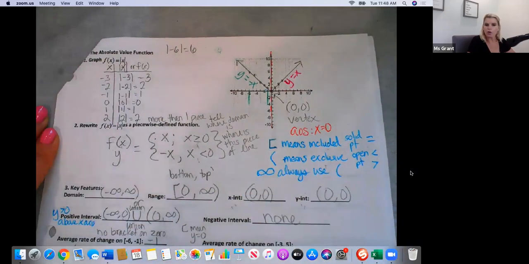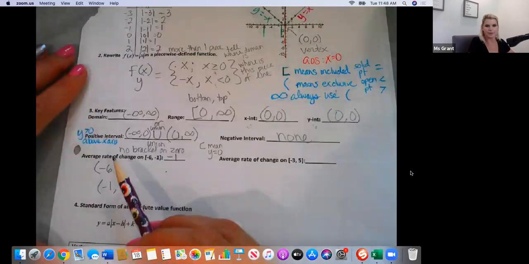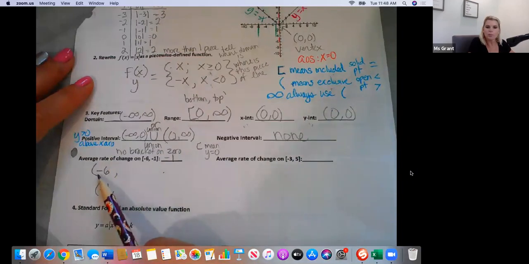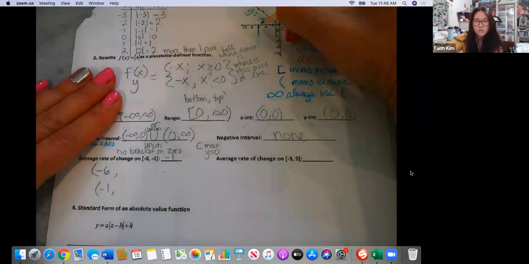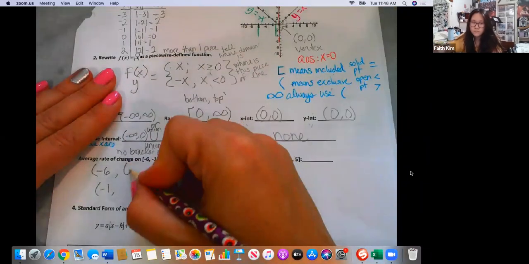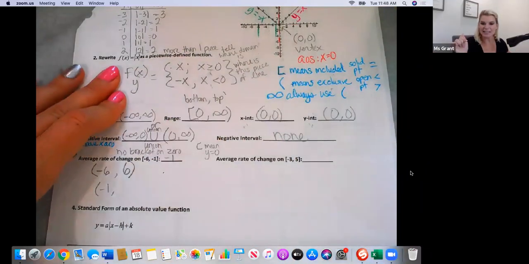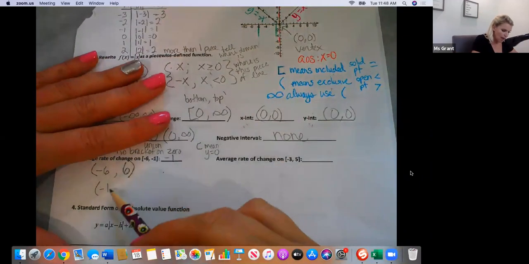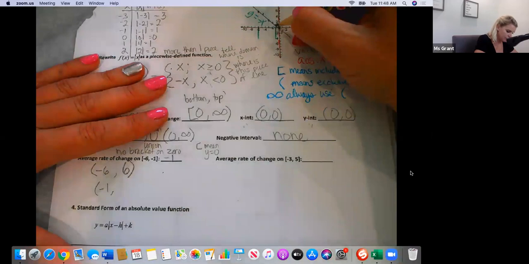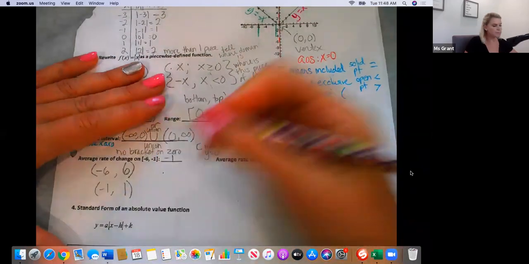Because the ordered pair, it helps if you can see it. The ordered pair, -6, 6, guys. If I were to write the ordered pairs, I think it's easier for you to just rise and run. Then, when it's at -1, I go up 1. So these are my ordered pairs.